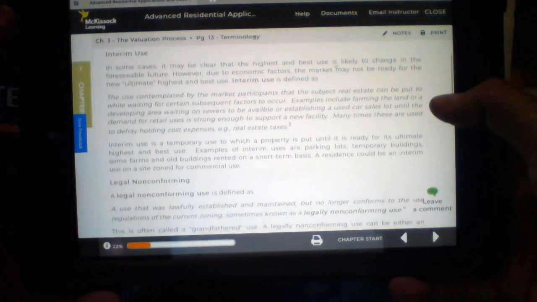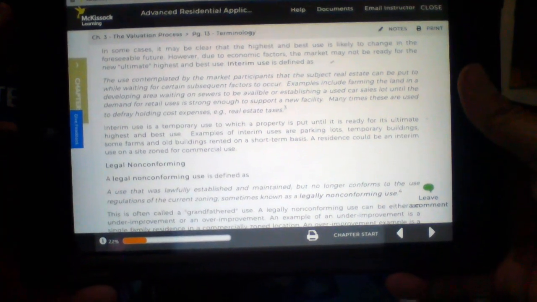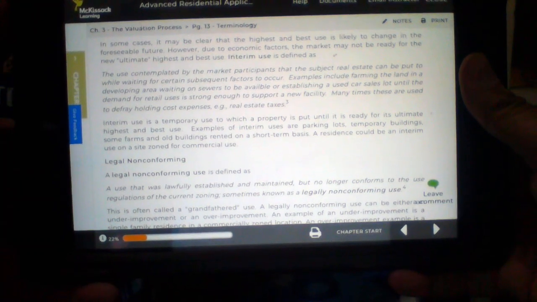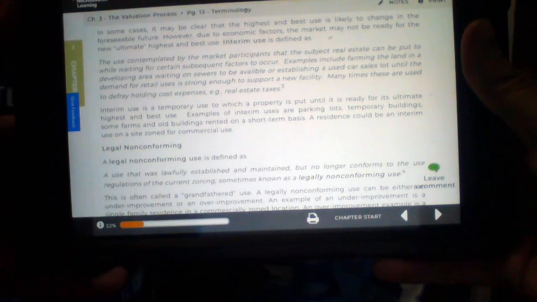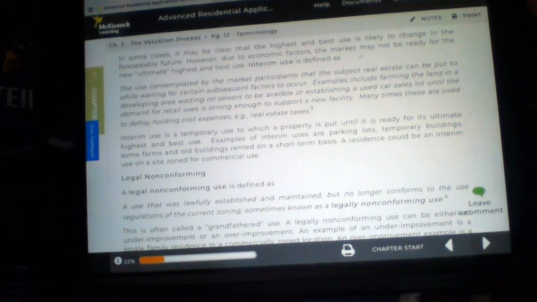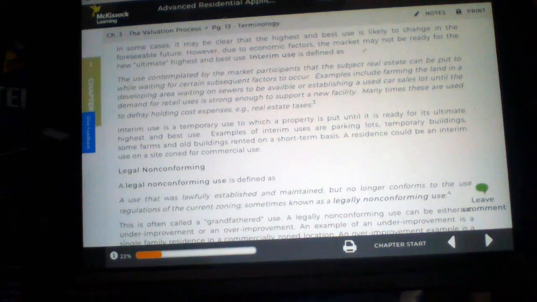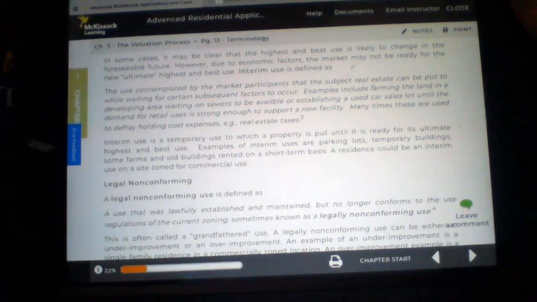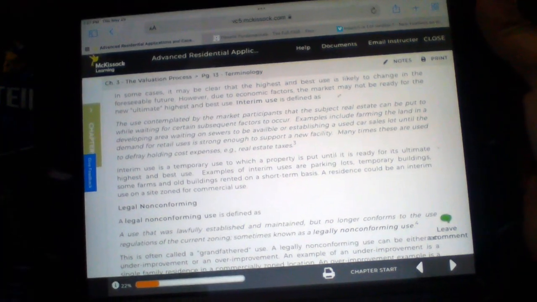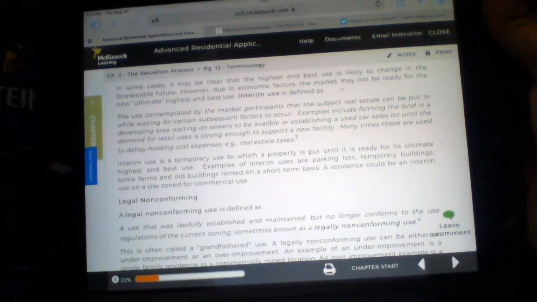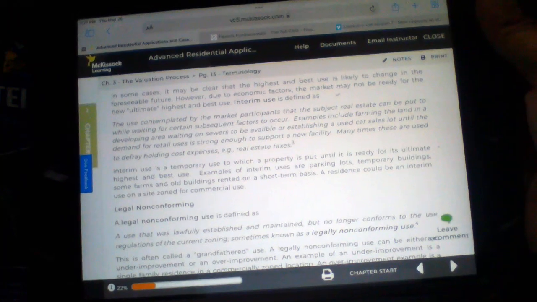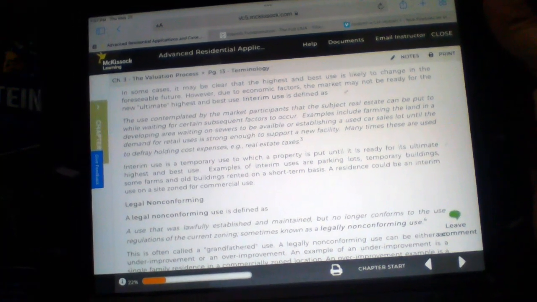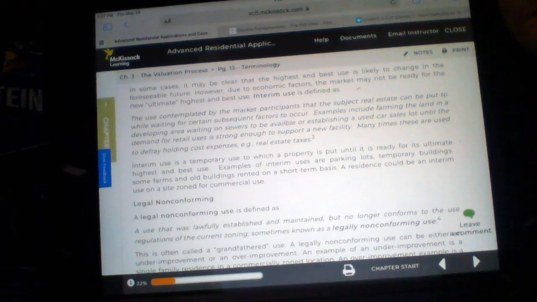Interim use. In some cases, it may be clear that the highest and best use is likely to change in the foreseeable future. However, due to economic factors, the market may not be ready for the new ultimate highest and best use.